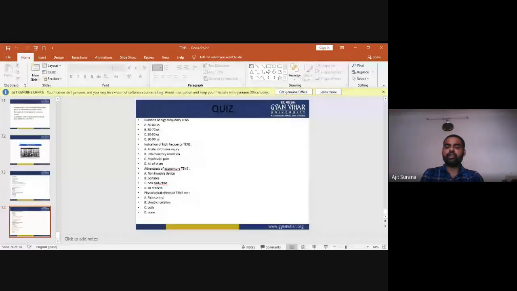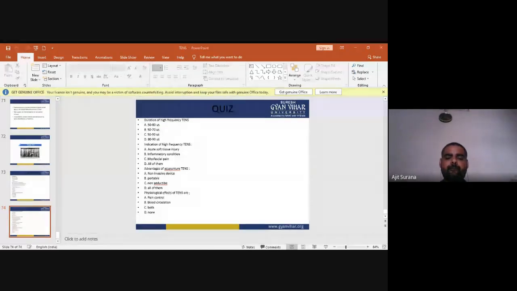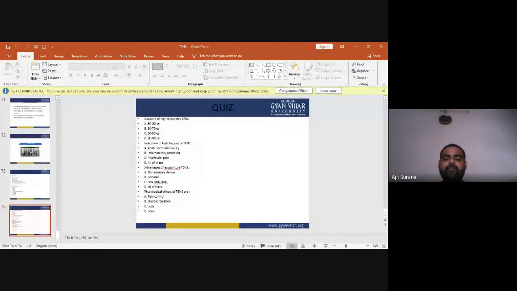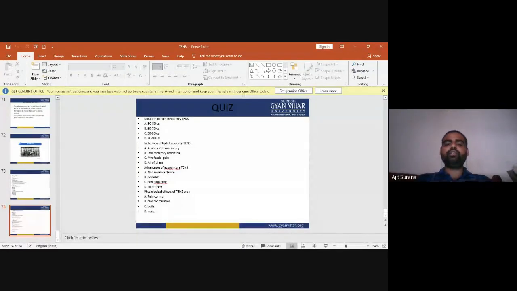The answer for the duration of the high frequency TENS is 50 to 80 microseconds.